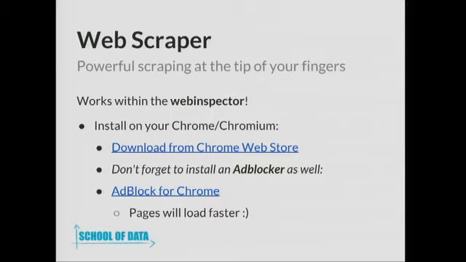Also, don't forget to install an ad blocker. There is a link for an ad block for Chrome because pages will load faster if you use this extension. Usually when you're scraping websites, ads take ages to load, and that really gets in the way of the scraping. So I'm going to give you a few seconds to install the web inspector and the ad block for Chrome.